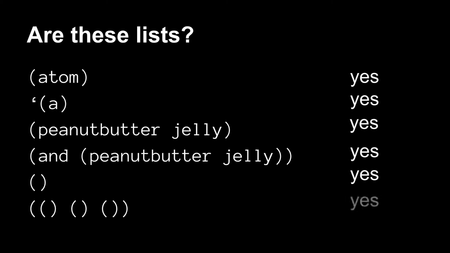It's still a list, but it's a list of lists. And the internal list just happened to be empty. And that's about it. So I've shown you atoms and I've now shown you lists. And these are the 2 fundamentals in Lisp languages.